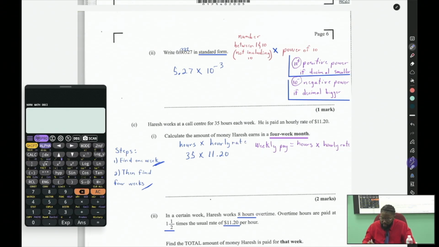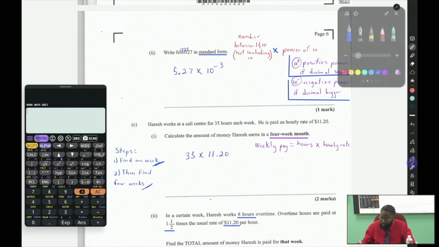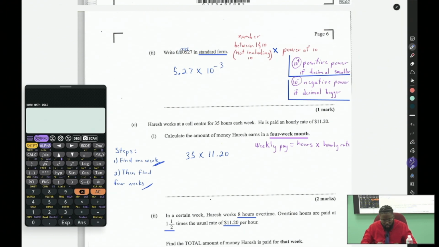That will give us the weekly pay. All right. So now let's put it in our calculator, since remember, if we are in the exam, we are pressed for time. So we have to make all seconds count. So 35 times 11.20 will give us $392. And that's the amount that he makes for 1 week.